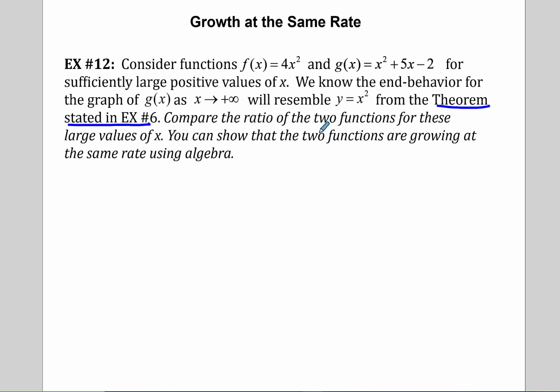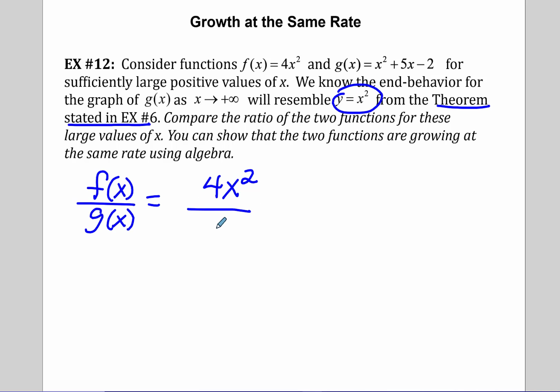So if we compare the ratio of the 2 functions for these large values, like I said, if I compared f of x to g of x, f of x for large values behaves like 4x squared, and g of x for large values is going to resemble x squared.